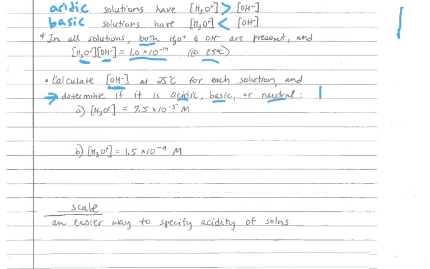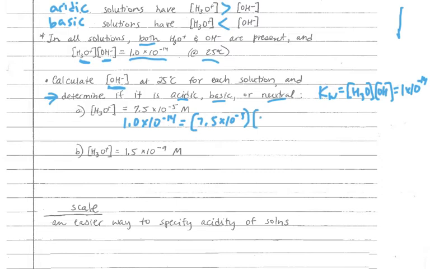Well, we know that Kw equals the concentration of hydronium times the concentration of hydroxide, and that at 25 degrees, this equals 1 times 10 to the negative 14th. So we just set up that equation here. Kw is 1 times 10 to the negative 14th, and we're given the concentration of hydronium, 7.5 times 10 to the negative 5th, and the concentration of hydroxide is our X. It's what we're trying to solve for.